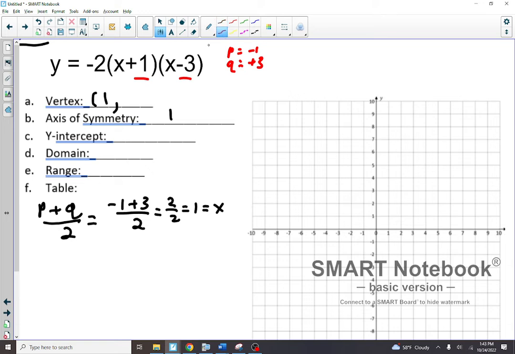Now, the vertex is 1 comma. If it's -1... Wait, do you also flip it? You do flip the P and the Q, yes. I have a question. In the vertex one, if it's positive, do you still flip it? The X, if it's positive, you do flip it. Like if it was X plus 3, it would become negative 3.